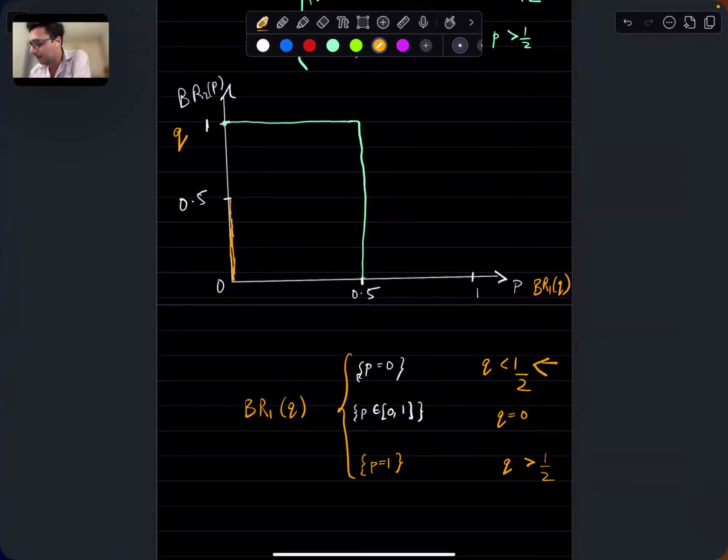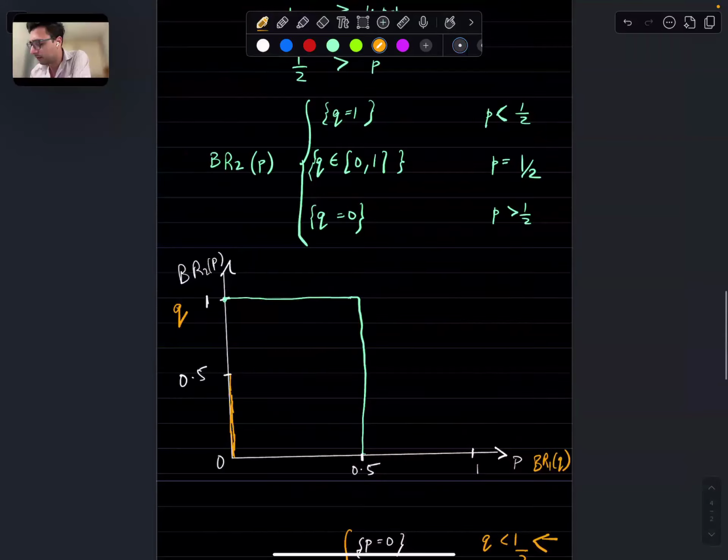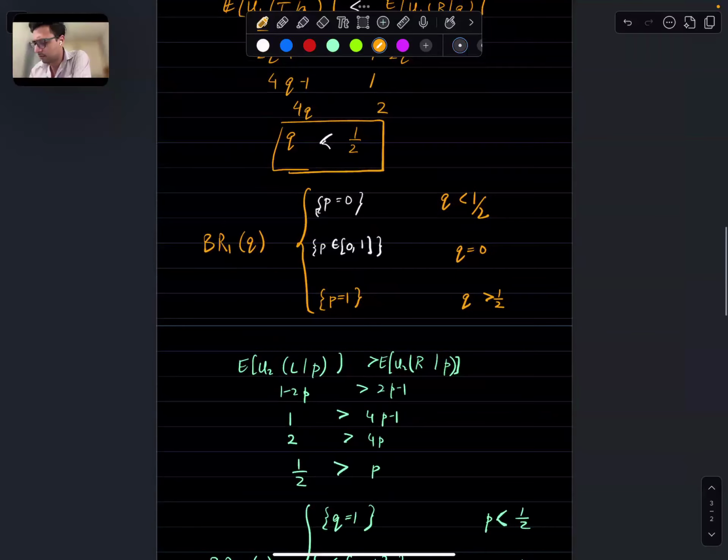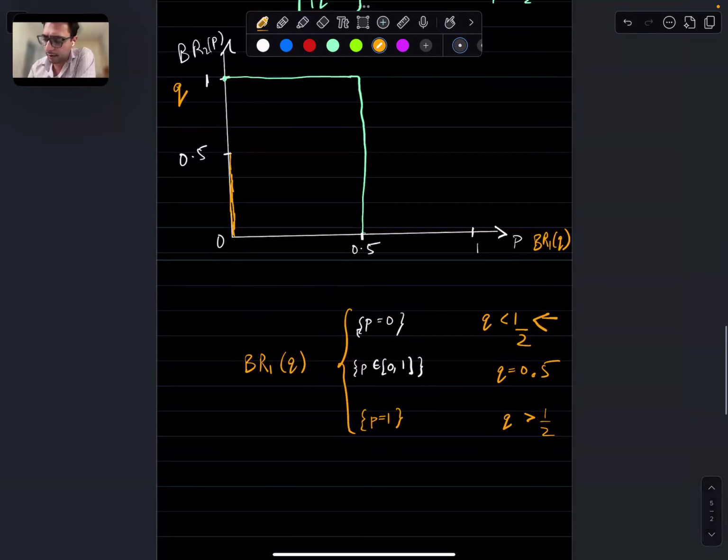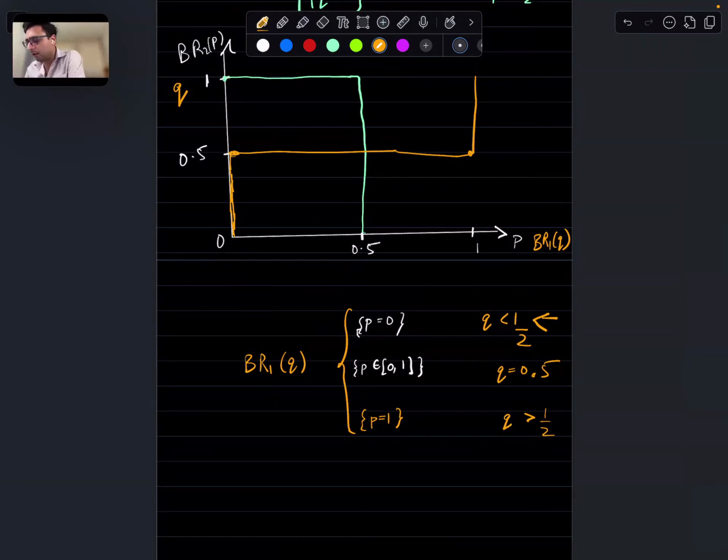When the y-axis term Q is equal to 0.5, then P can take any value between 0 and 1. And when the y-axis term is greater than 1 half, then P should be equal to 1.